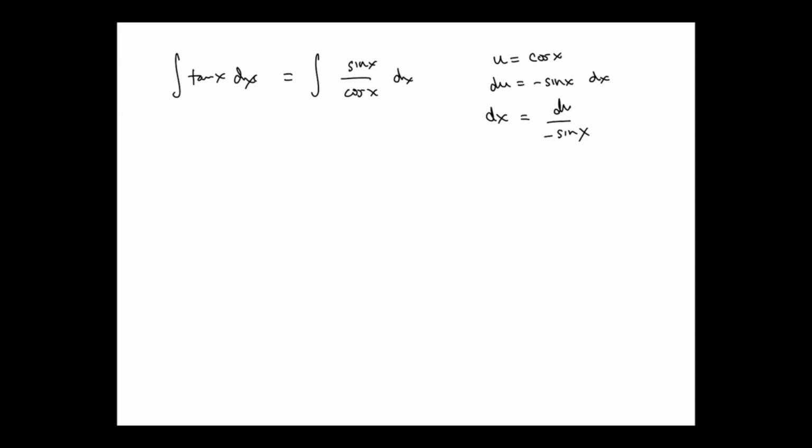Then let's see, what else do we need here? Actually, to make the substitution, I've got sine x dx over u, and then dx was du over negative sine x. All right, so cancel stuff, the signs cancel.